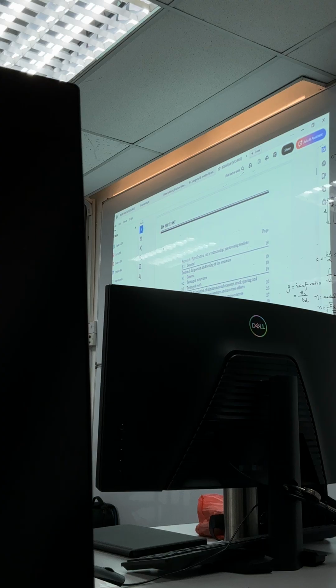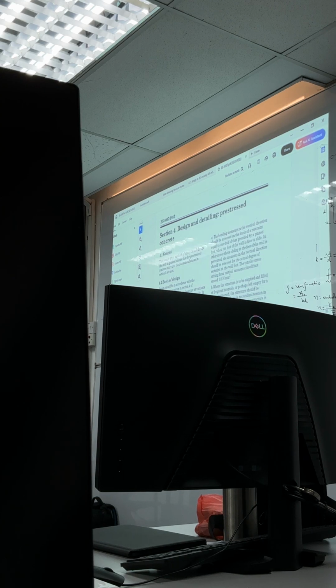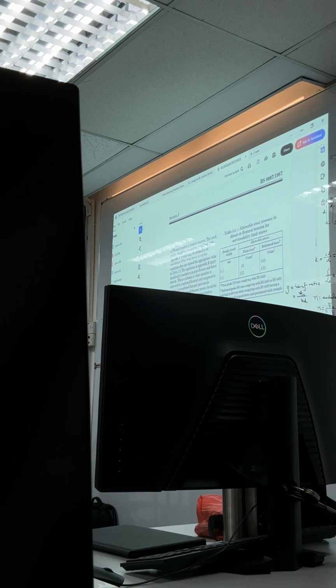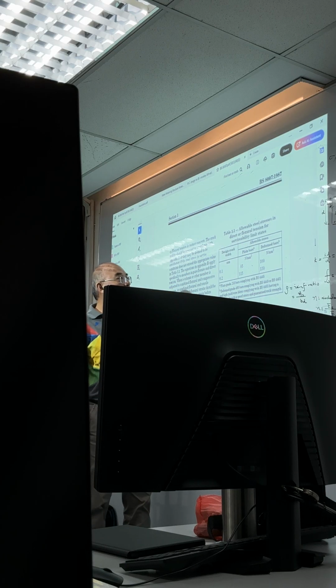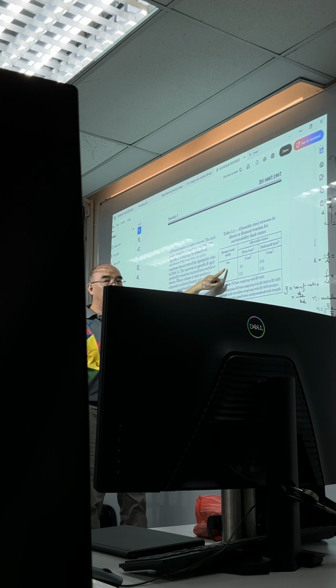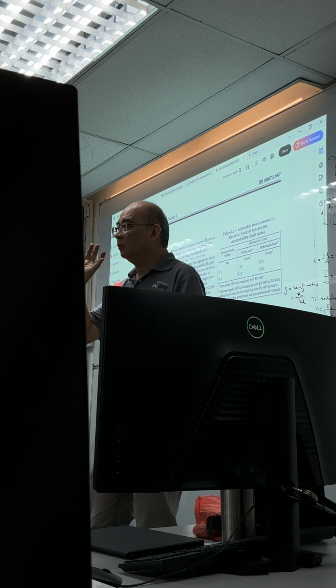I think it's more in the appendix. Here in the code, they give you the allowable stress for plain bars, 85 and 115, depending on whether it's 0.1 or 0.2. So the book is just taking the values from the code.